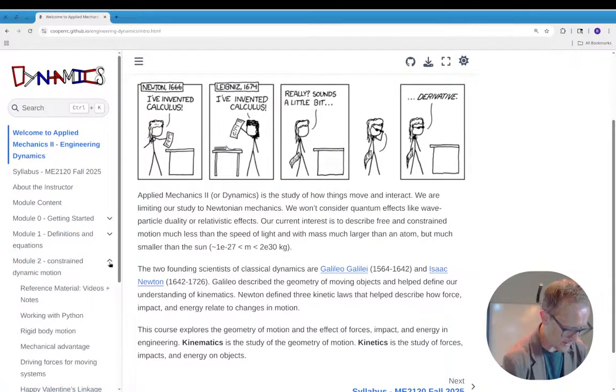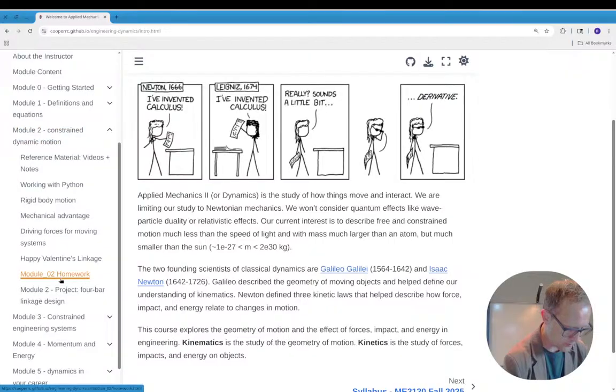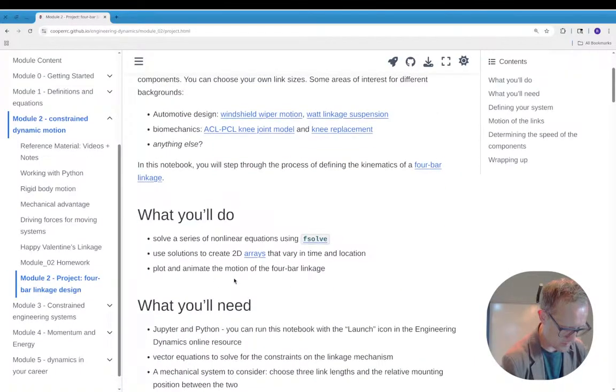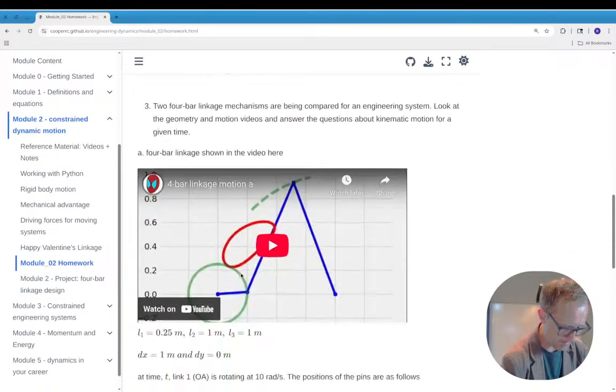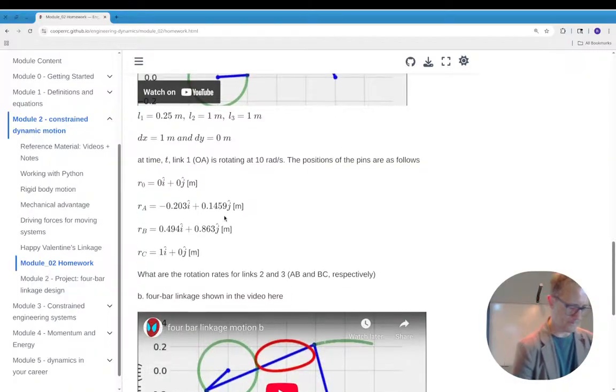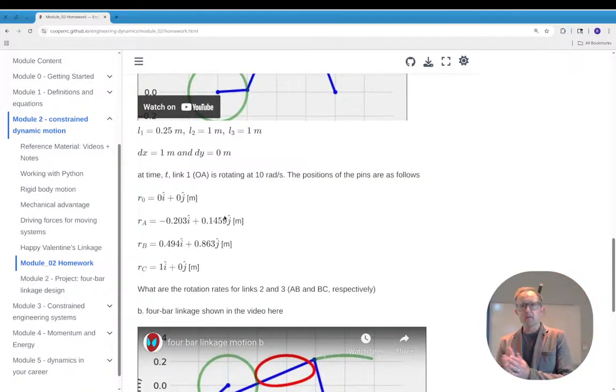We even have homework. We have locations of all the hinges, where they are. We know how fast our crank arm is moving, so link 1 is our crank arm.